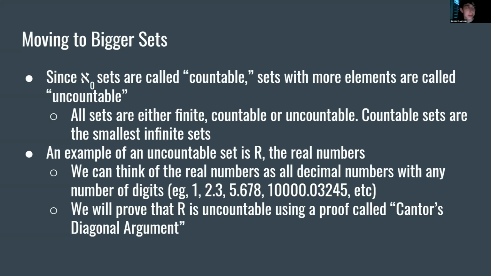These are all real numbers. So we're going to show that the set of real numbers is uncountable using a proof called Cantor's diagonal argument, because a guy named Cantor came up with it.